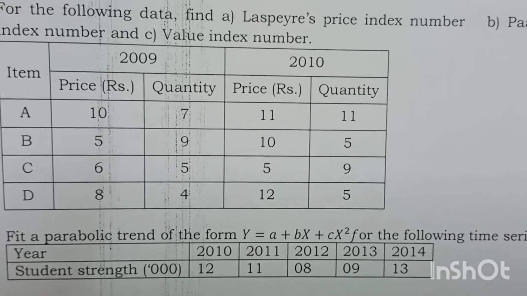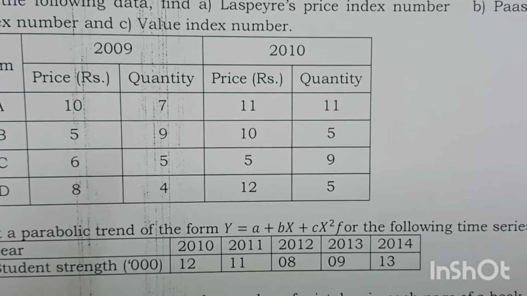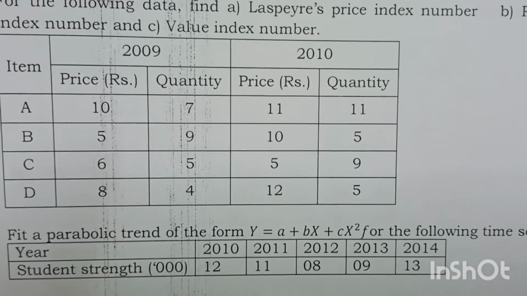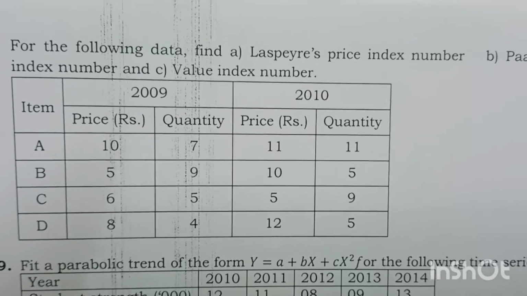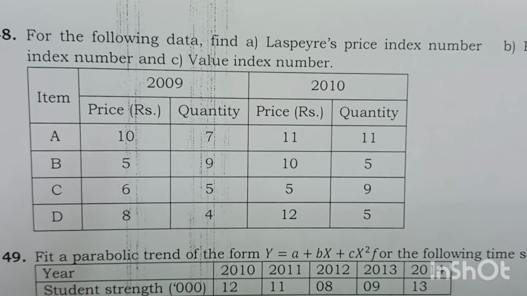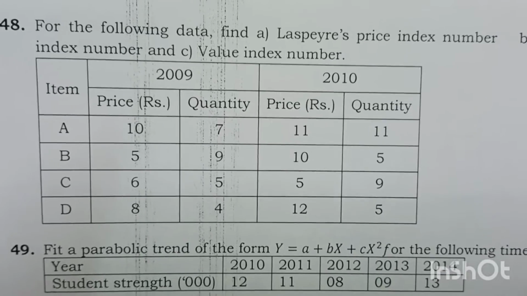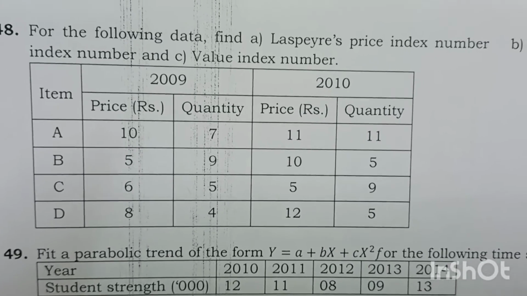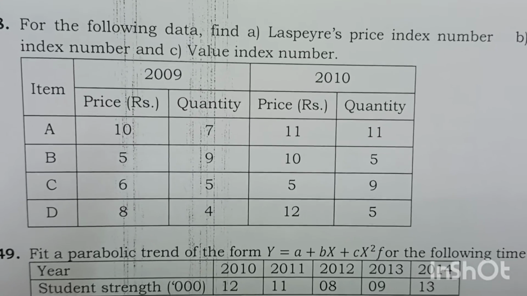And 2010 is the current year; price and quantity they have given, small P1 and small Q1. So let us proceed to first write down the table for this particular question. And once we write the table, we'll proceed to find out different index numbers.